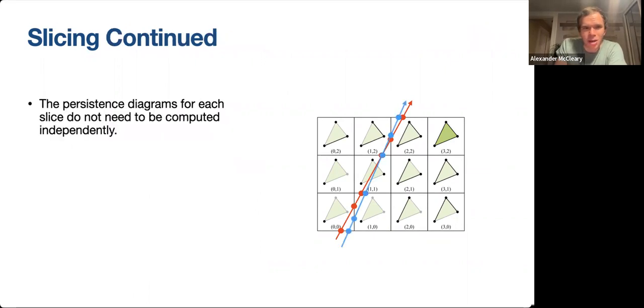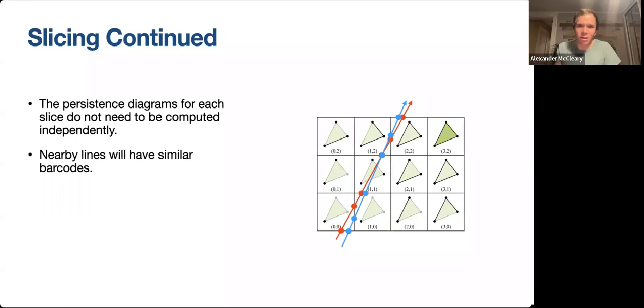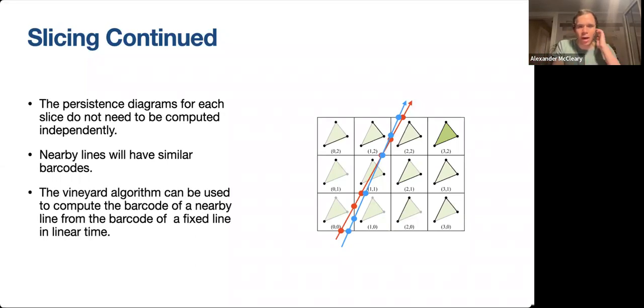Okay, so now let's look at what happens as we vary the line we're choosing. Let's say we already computed the persistence diagram for this red line, and now we're looking at this blue line here. The idea is that nearby lines will have similar barcodes. If we want to actually compute this invariant, you might think, well, that's going to be impossible. There are infinitely many lines.